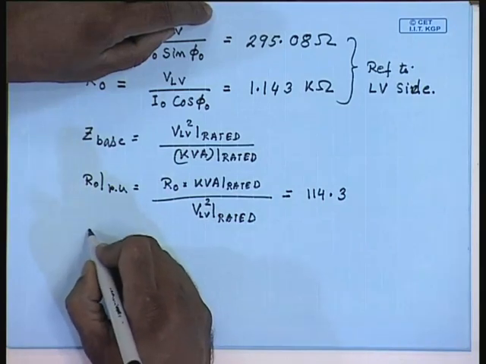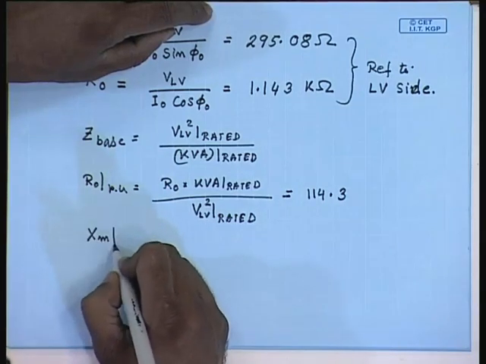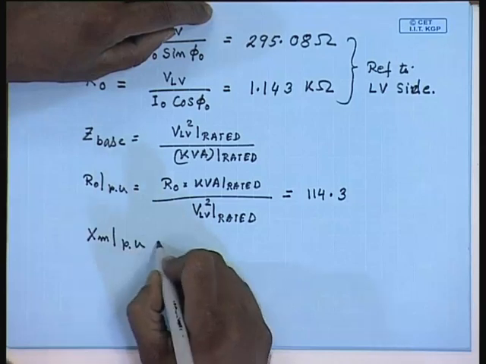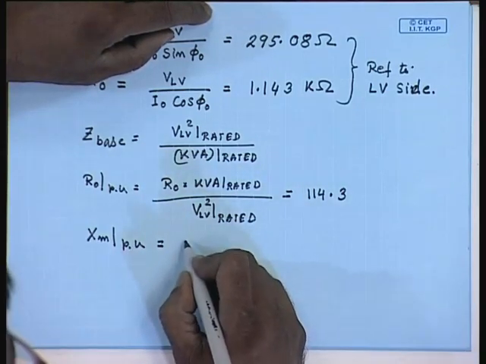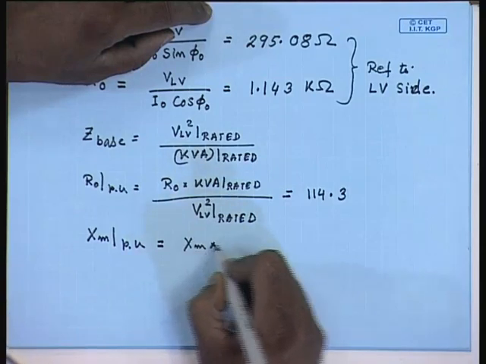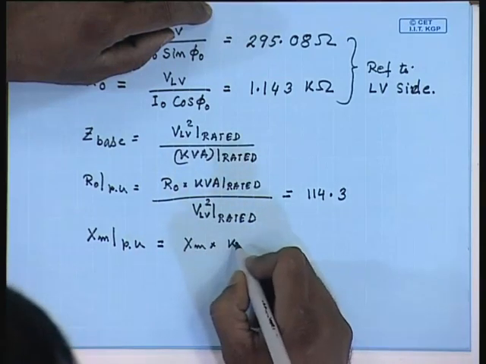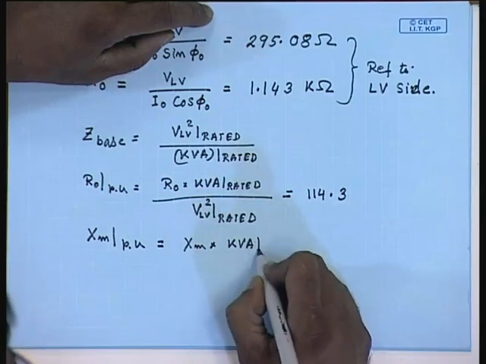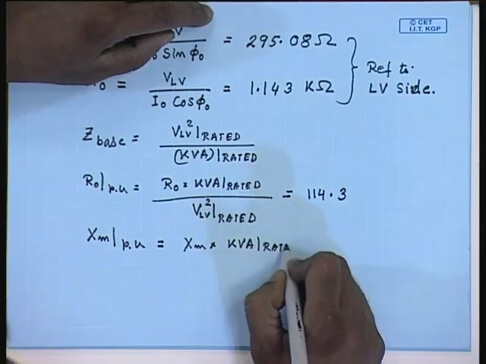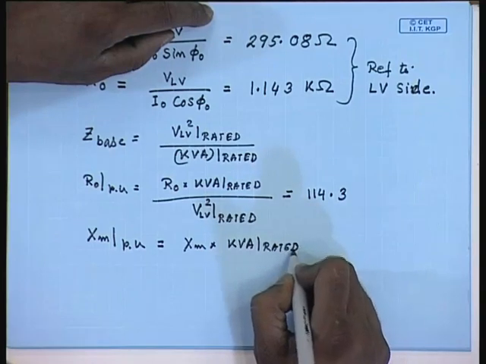Similarly, by the same formula, XM PU equal to XM into kVA base, rated kVA, divided by LV rated voltage square.